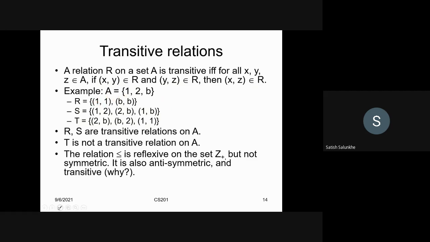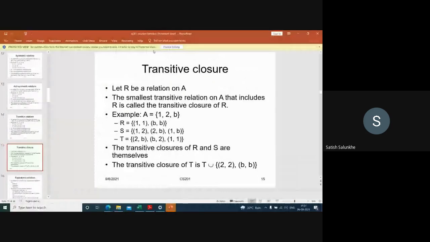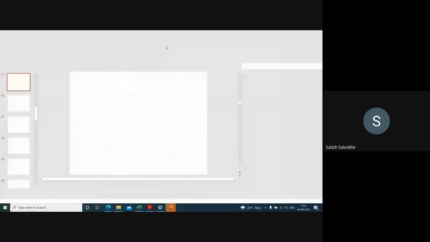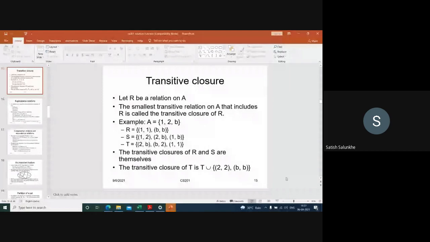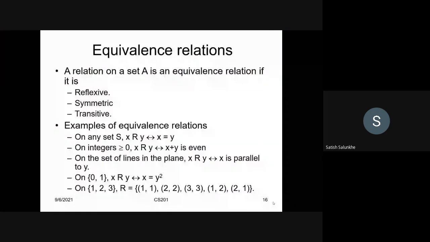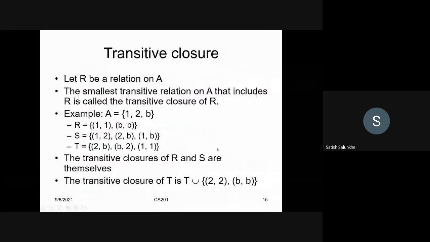Let me just use the pen. When you have x, y, z, okay.